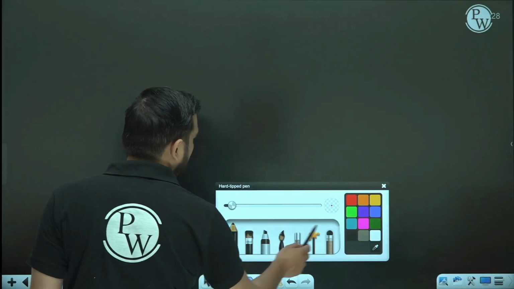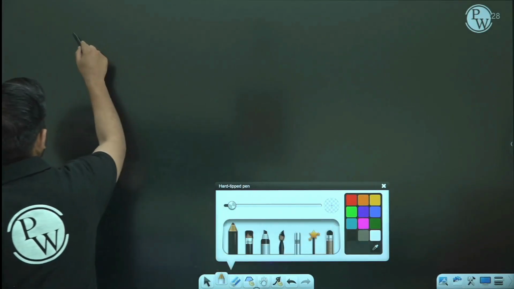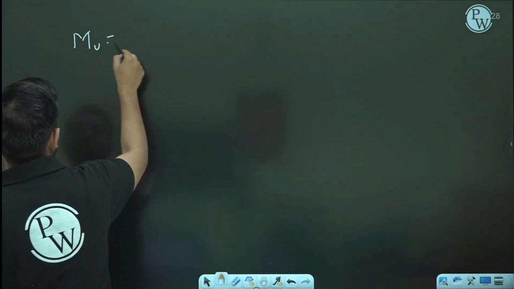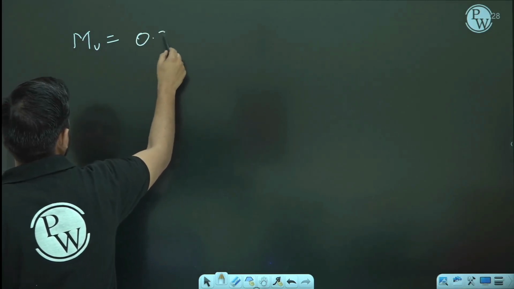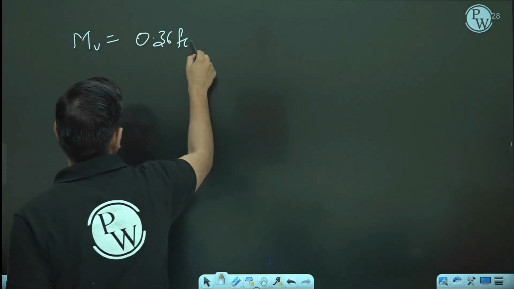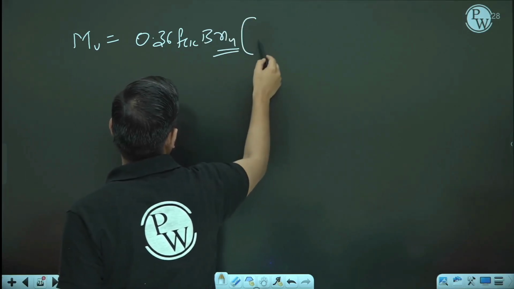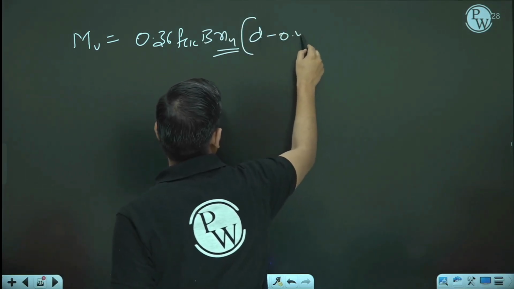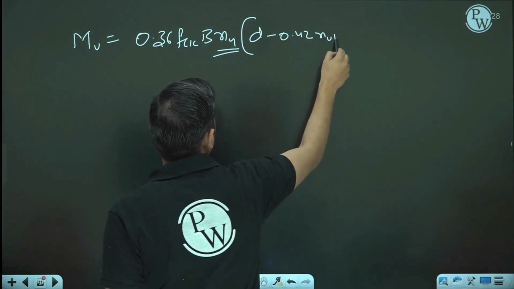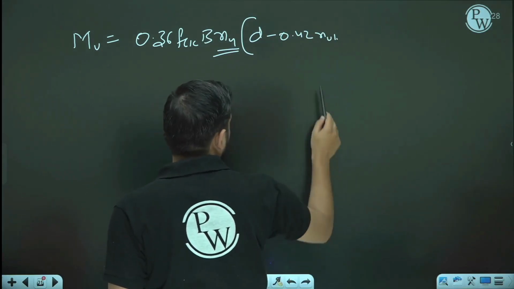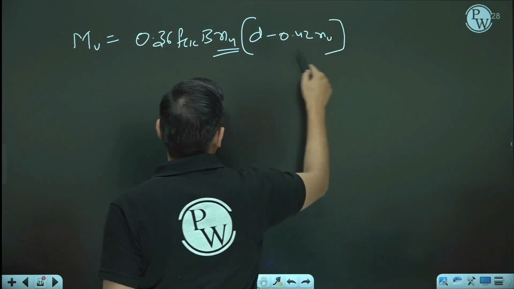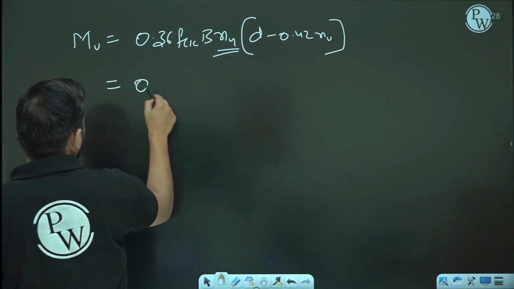Okay. So now we are going to calculate the moment of resistance. The moment of resistance in a singly reinforced beam, under-reinforced section, is given by 0.36 fck b Xu into, we are going to use Xu only, d minus 0.42 of Xu. You will be getting the answer in Newton mm.